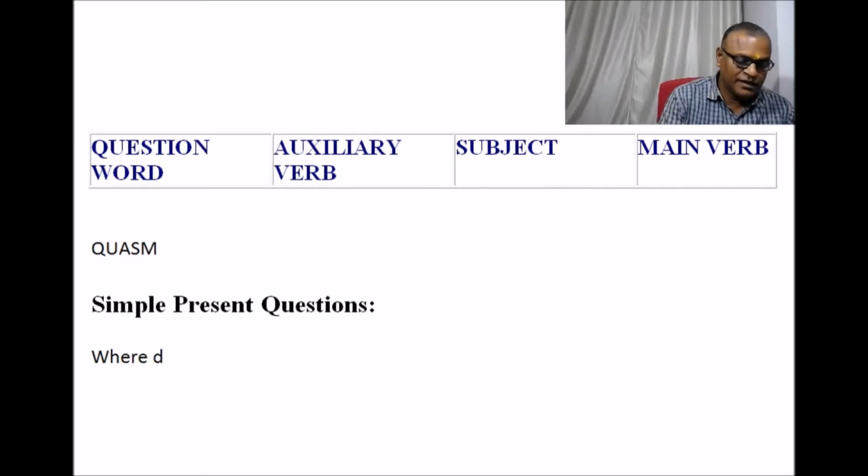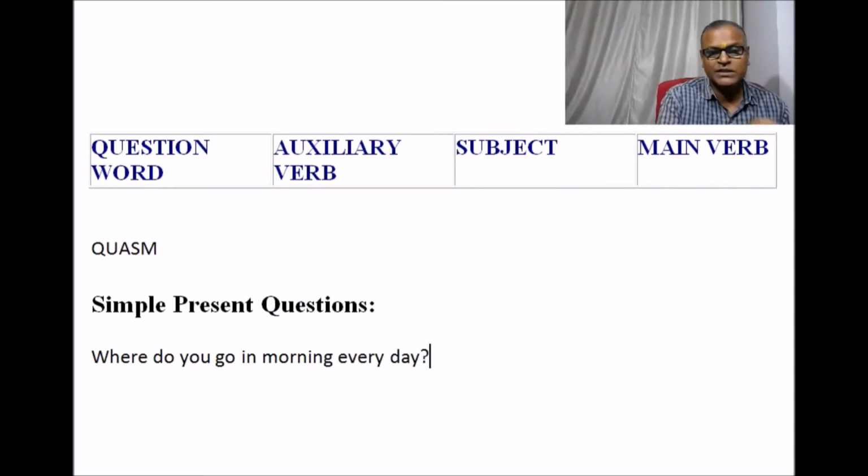So where, do. Now you should have a subject: you, I, he, she, they. So where do you go? This is the verb. In the morning every day, and then question mark. Now you have observed how simple it is. Question word, auxiliary verb, then subject and then main verb.